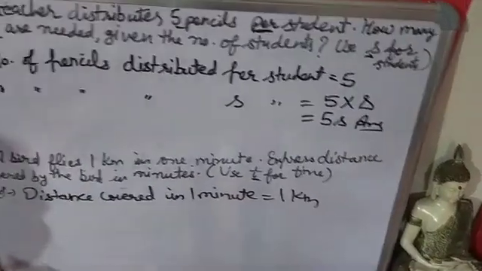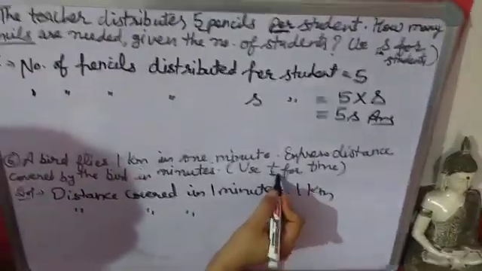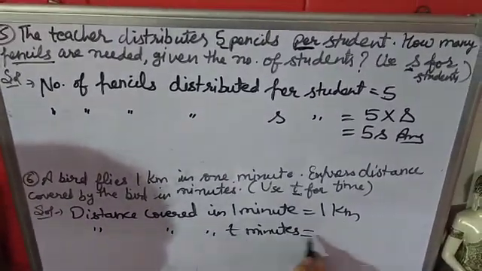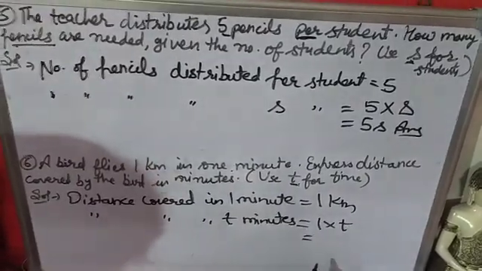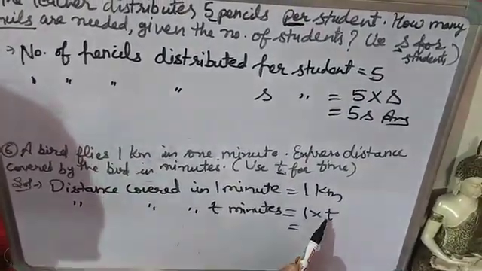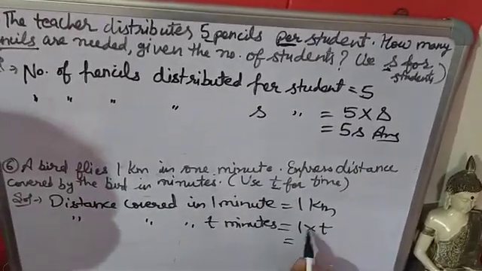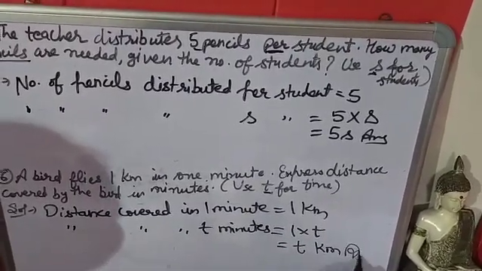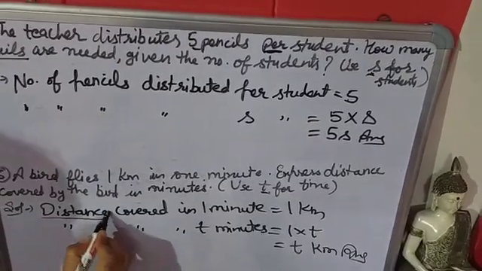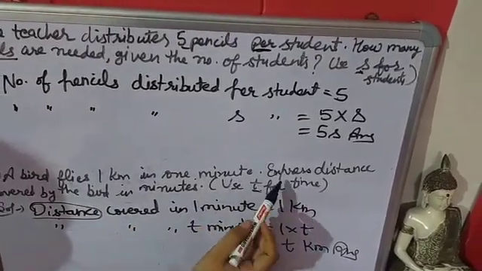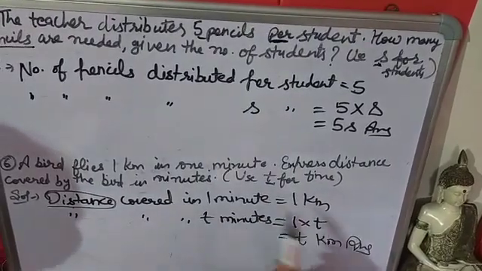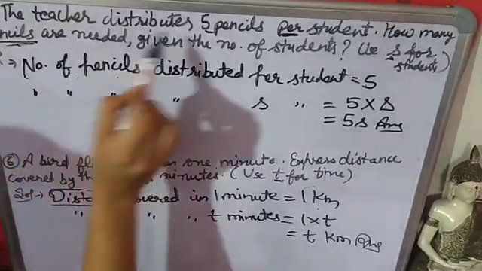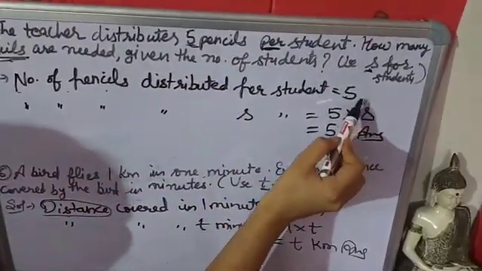Distance covered in T minutes will be 1 multiply T. When we multiply 1 to any variable, the same variable remains. So it will be T kilometers. And remember one thing, you have to write what is asked in the question. Like in this question he is asking distance, so we write distance covered. In the pencil question he is asking number of pencils, so number of pencils comes on that side of the equal sign.